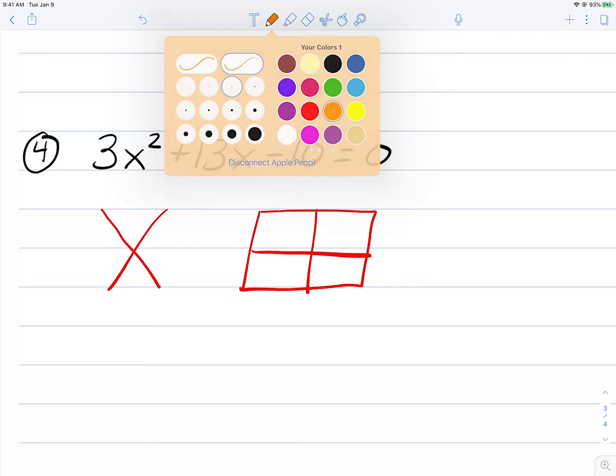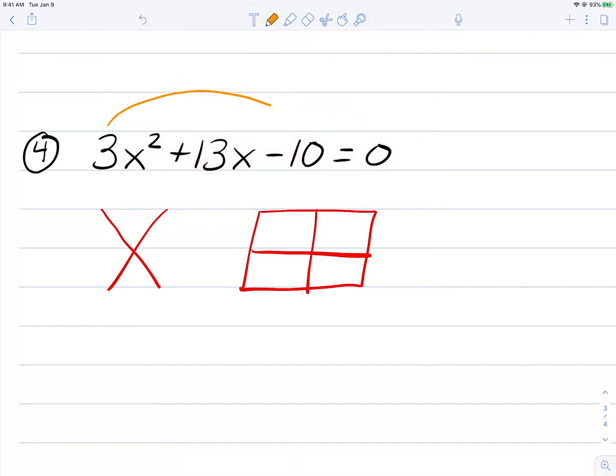Okay, the very top of our diamond is going to be 3 times negative 10. Remember that since a doesn't equal 1, it's a times c, so that is a negative 30. The middle term is what it needs to add to. So the two numbers that multiply to negative 30 and add to 13 would be 15 and negative 2.